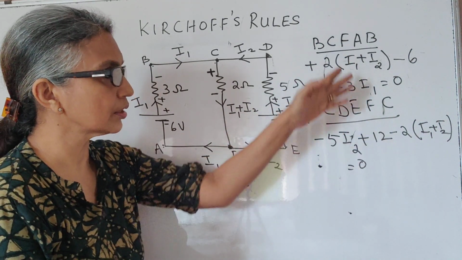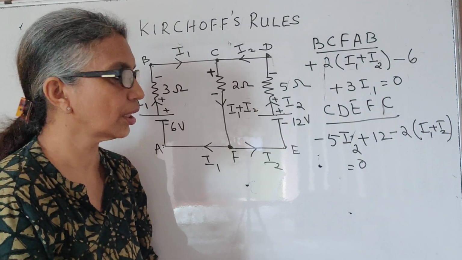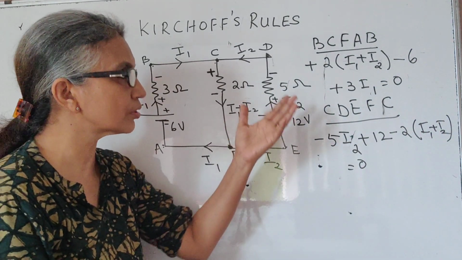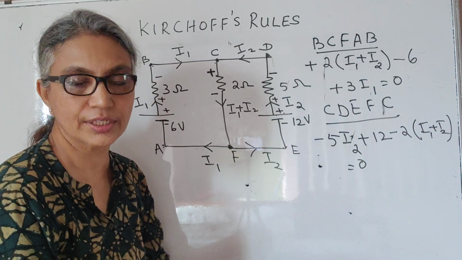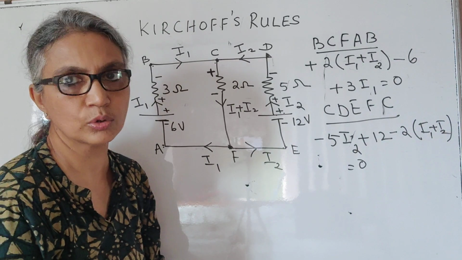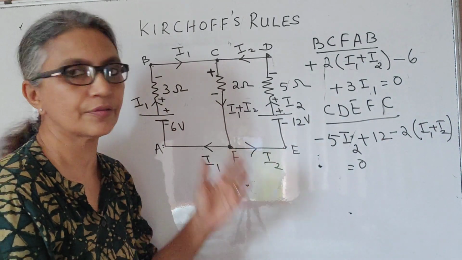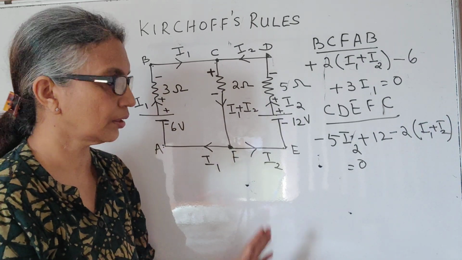I can open the bracket, solve the two equations to get I1 and I2, and that's how you will use Kirchhoff's rules. The first one is called the junction rule, the second one is called the loop rule, and you may use these two rules to solve and get the current in every branch of your circuit.